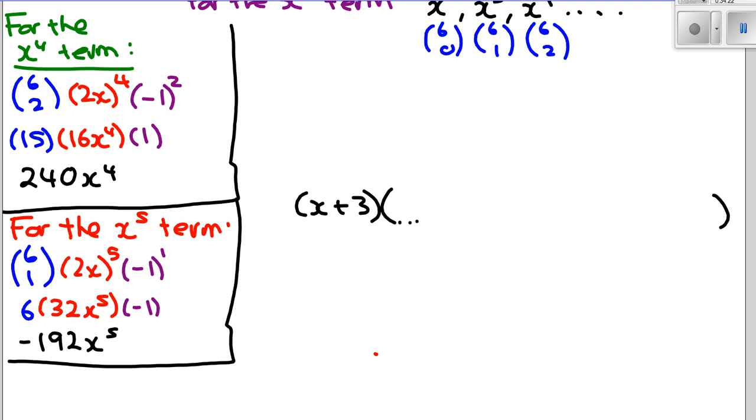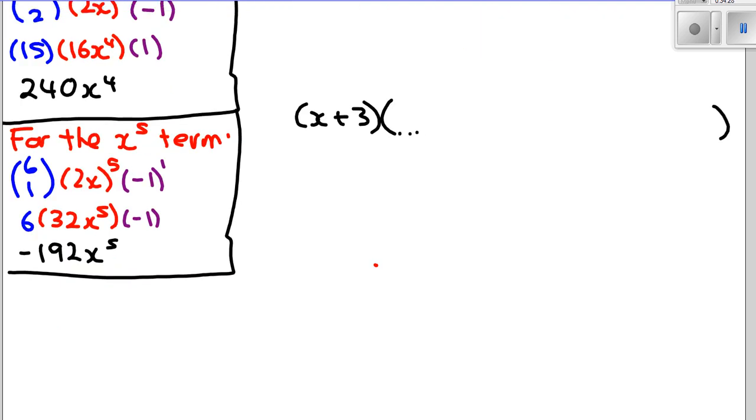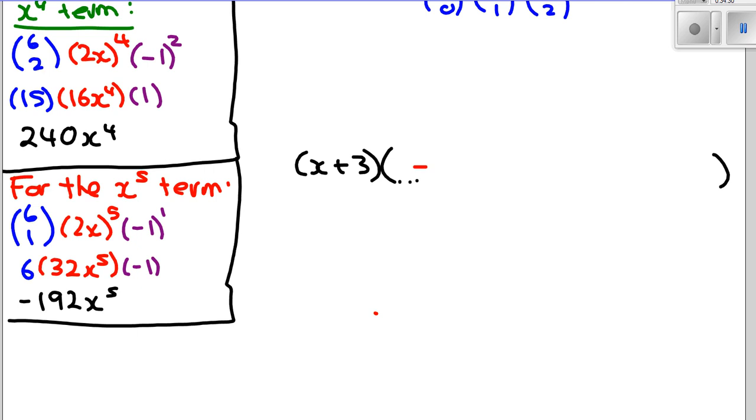We have an x to the 5 term, negative 192 x to the 5. We have an x to the 4 term, there's a plus 240 x to the 4. And there would have been all sorts of other terms in there too, but we don't need to put those down.